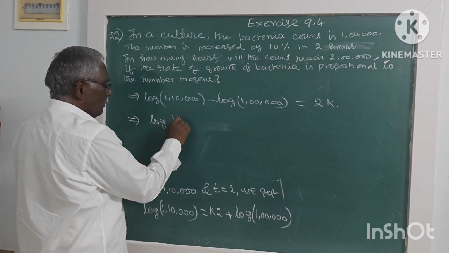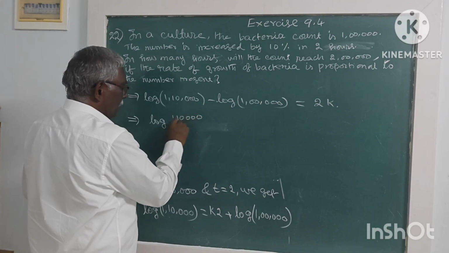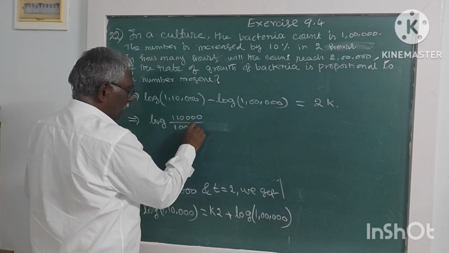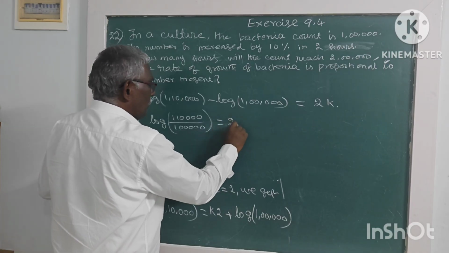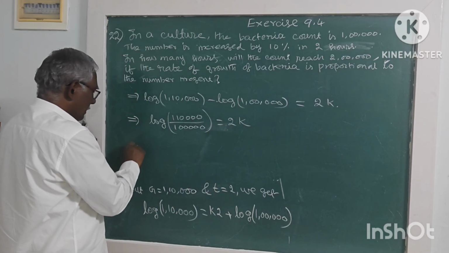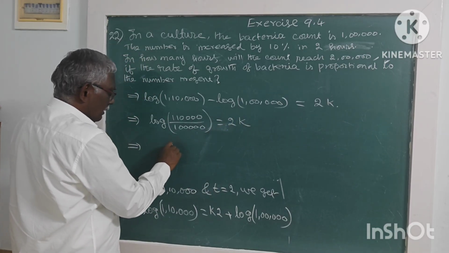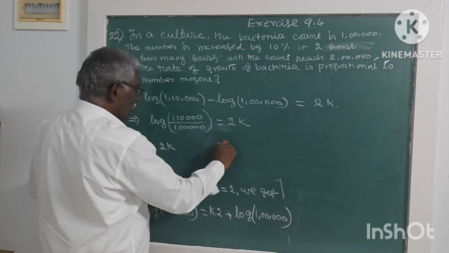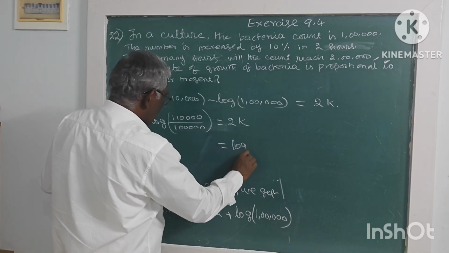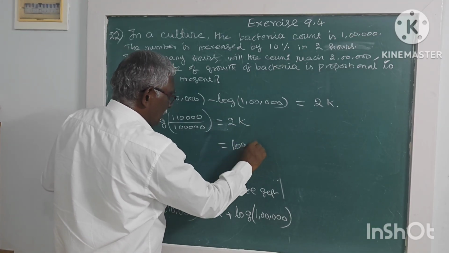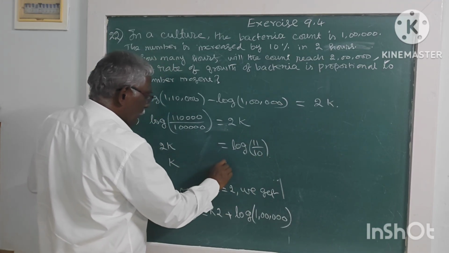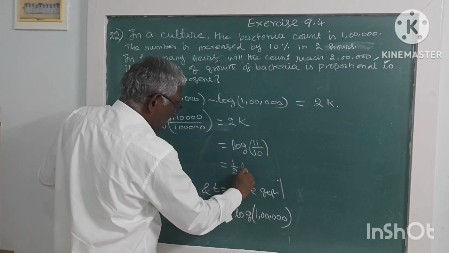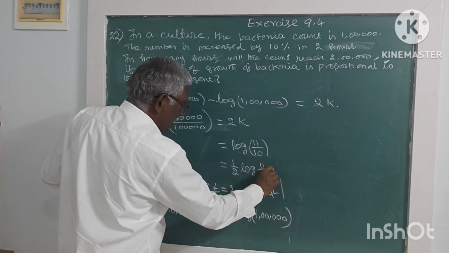So log of 1,10,000 by 1 lakh is equal to 2k, or 2k is equal to log of 11 by 10, or k is equal to 1 by 2 times log of 11 by 10.